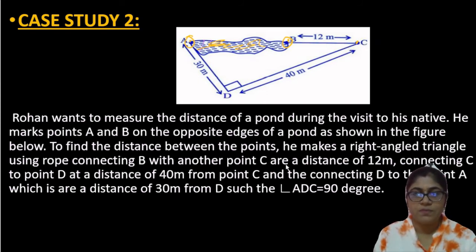So connecting B with another point C at a distance of 12 meter, connecting C to point D at a distance of 40 meter.